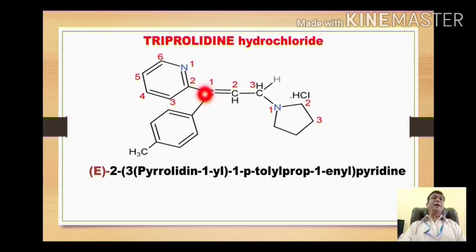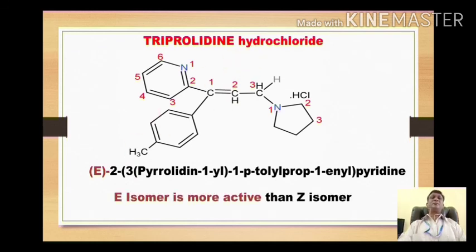So here this pyridine and this pyrrolidine both are in opposite positions to each other. The pyridine ring is above the plane while this pyrrolidine ring is below the plane. So both are in opposite positions to each other. That's why triprolidine has the E configuration.